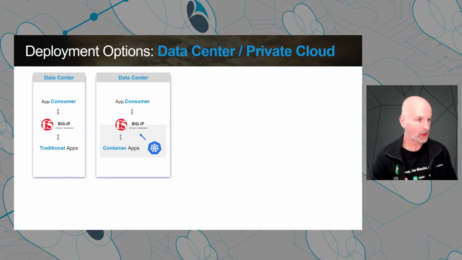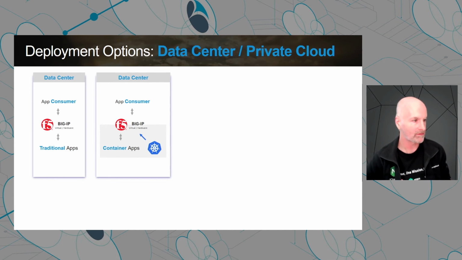We also have a component that runs inside the environment that allows, whilst you're creating standard Kubernetes constructs like ingress, when you create an ingress, it sends out REST calls to the BIG-IP to create configuration on the BIG-IP that allows you to ingress traffic into the container environment.